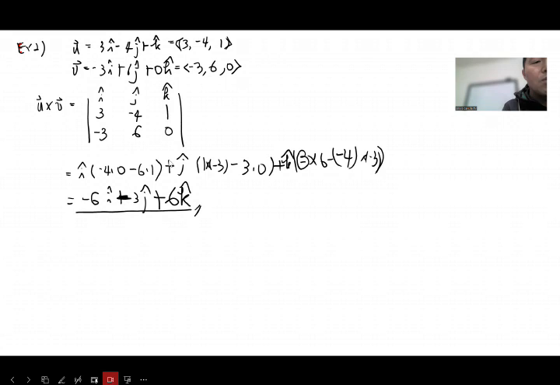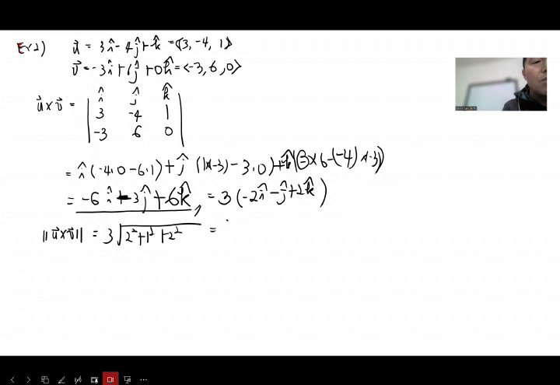And the magnitude of this vector, now there is a 3. If you take a 3 out of this, then that should be minus 2i minus j plus 2k. So from that, the magnitude of this cross product is 3 times the square root of 2 squared plus 1 squared plus 2 squared.